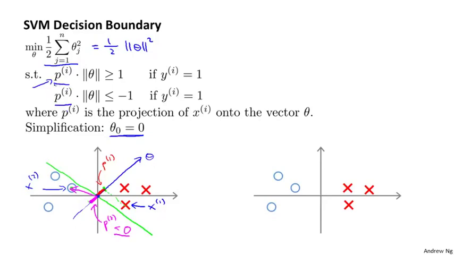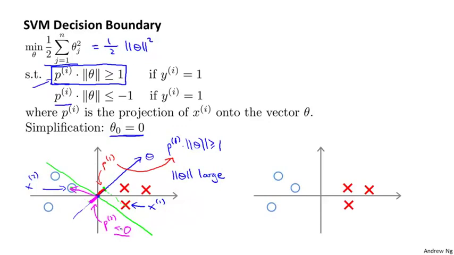And so if we look at the optimization objective, for positive examples we need p1 times the norm of theta to be bigger than or equal to 1. But if p1 over here is pretty small, that means we need the norm of theta to be pretty large, right? Because if p1 is small and we want p1 times the norm of theta to be bigger than or equal to 1, the only way for the product of these two numbers to be large, if p1 is small, is if we set the norm of theta to be large.